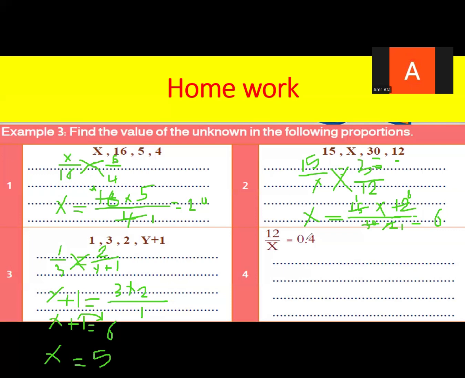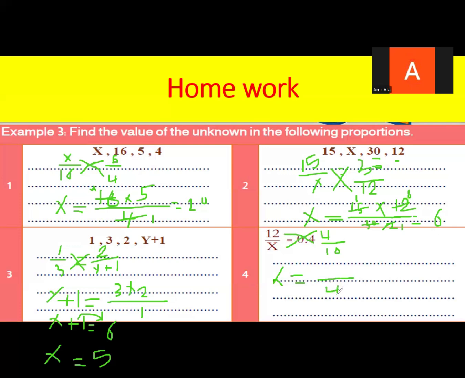12 over x equals 4 over 10. So I will write 4/10 as 4 over 10. It's the same form, but as a fraction, not a decimal. So I can make a cross multiplication. x equals the number which is opposite to x, which is 4.